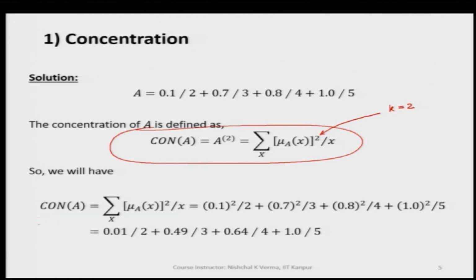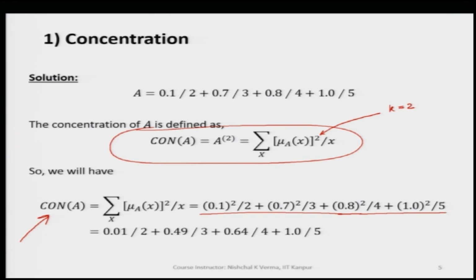Concentration of A is the summation over x of mu A of x raised to power 2 over x, which equals 0.1 squared over 2 plus 0.7 squared over 3 plus 0.8 squared over 4 plus 1 squared over 5.